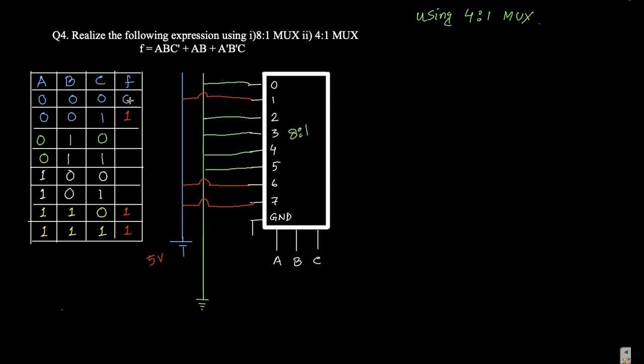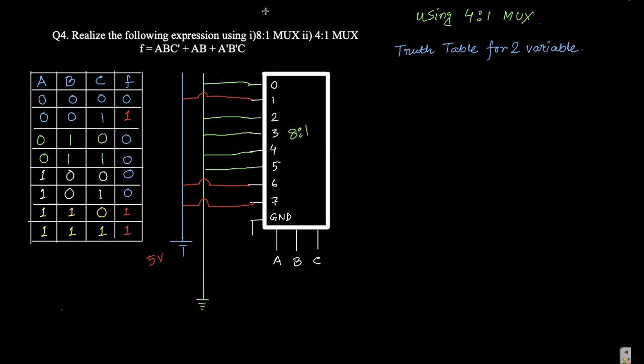So this is the truth table for the 4:1 MUX. Now we have to write down the truth table for two variable.